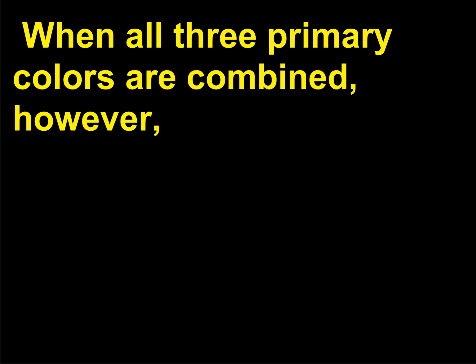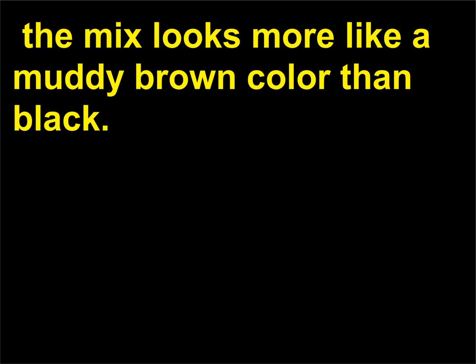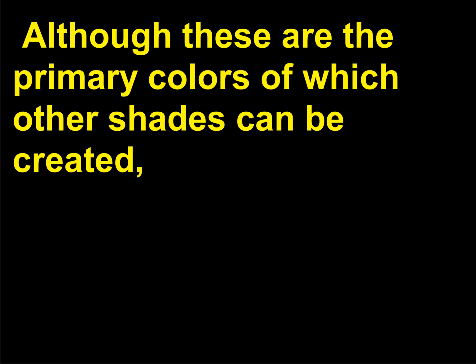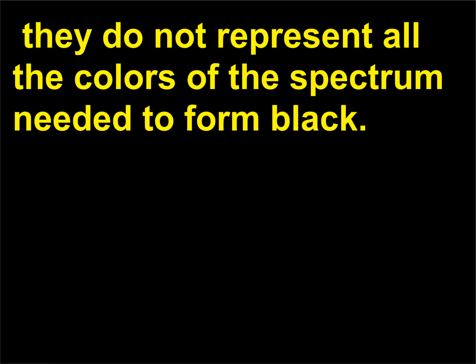When all 3 primary colors are combined, however, the mix looks more like a muddy brown color than black. Although these are the primary colors of which other shades can be created, they do not represent all the colors of the spectrum needed to form black.